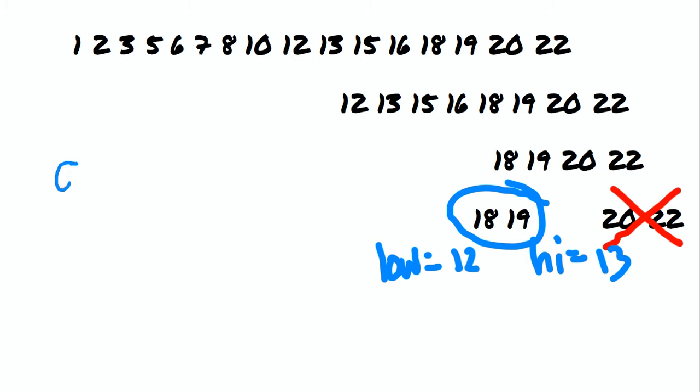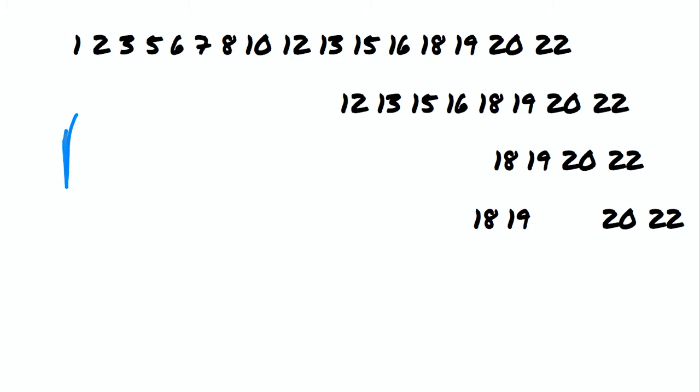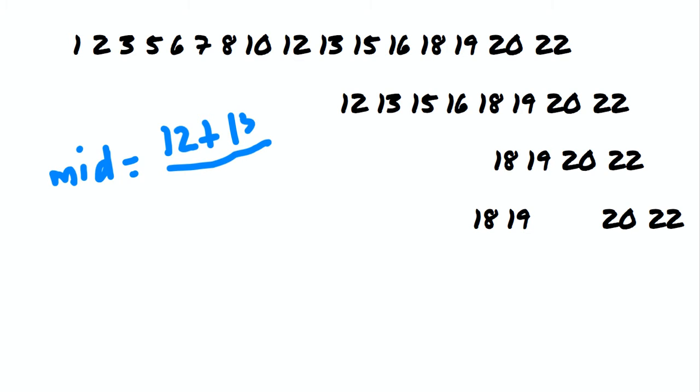Again, if we check the middle term now, the mid is equal to low 12 plus 13, and that is over 2, floor of that.